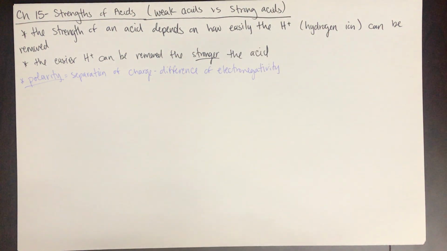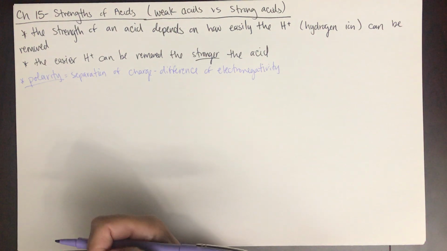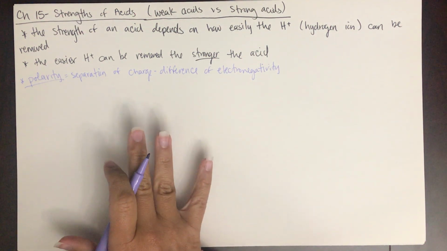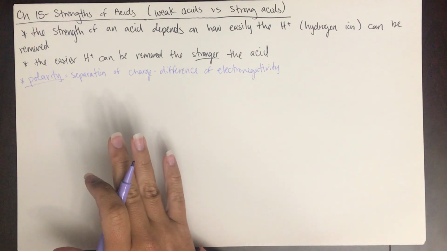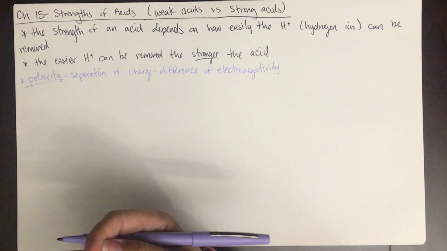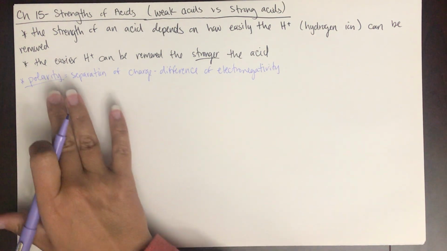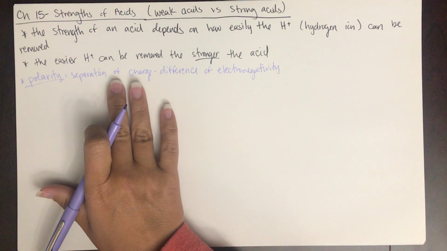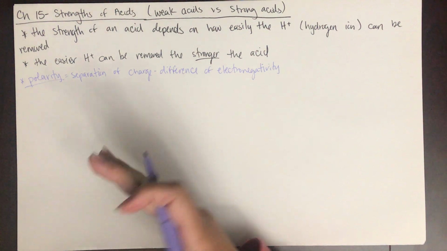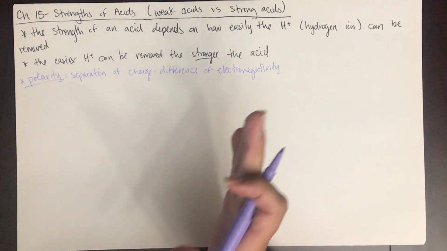So all of these bonds are covalent bonds, and polarity tells you how equally the electrons are shared between those elements. And the greater the polarity, the greater the separation of charge, the greater the difference in electronegativity, the easier that hydrogen is going to be donated.